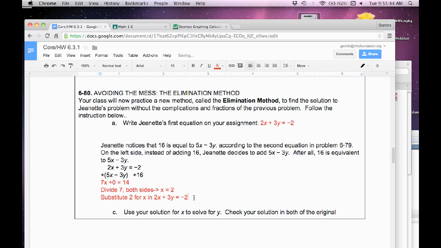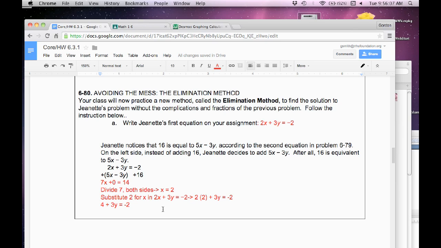And what that gets us is 2 times 2 plus 3y equals negative 2. So then we get 2 times 2, of course, is 4, plus 3y equals negative 2. I can subtract 4 from both sides. I'm not going to write it.